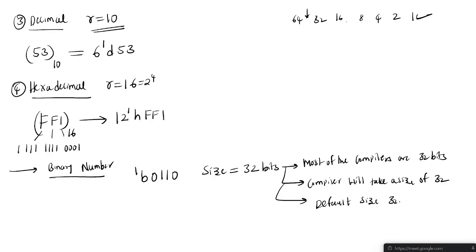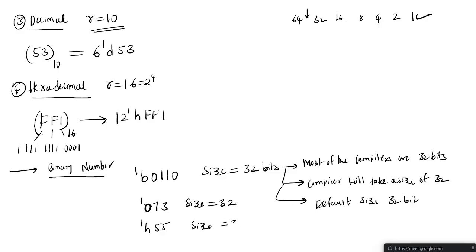Similarly octal also: tick 073. What is the size? We don't know, so it stores 32 bit. Tick H55, what is the size?